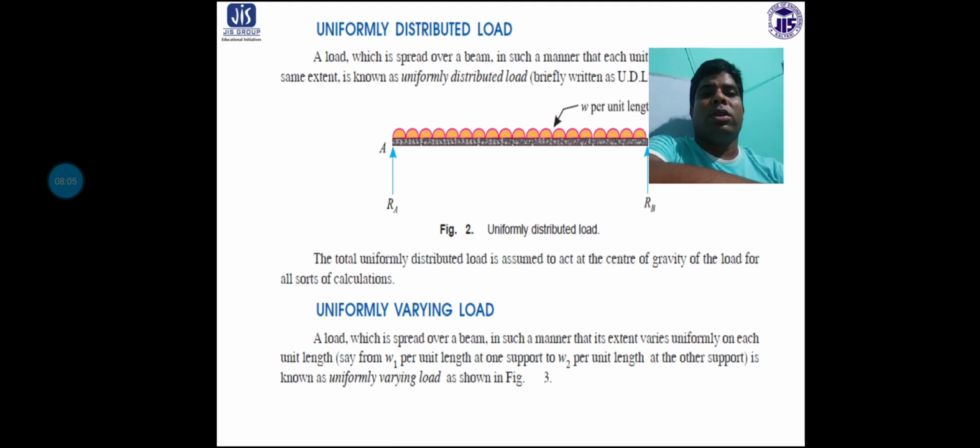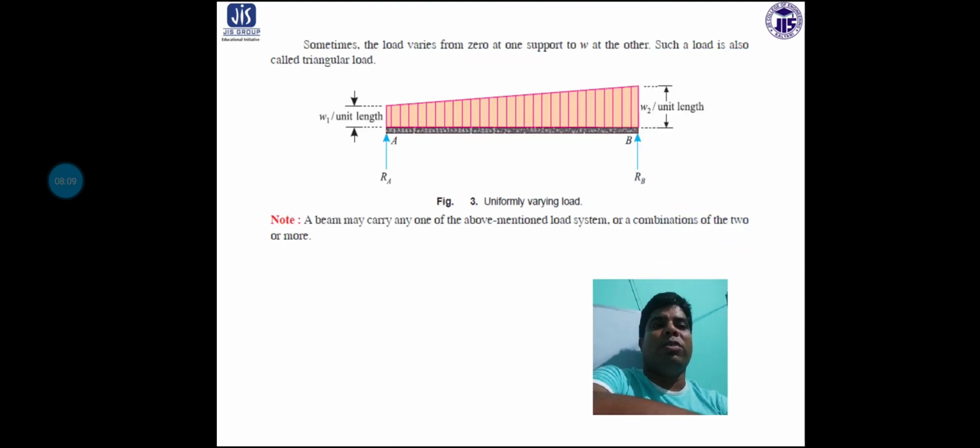That means the load can vary from the starting point to the end point, and somewhere there may be a rise, or somewhere a fall. So that's why the load is not uniformly distributed. It may vary from starting point to end point.